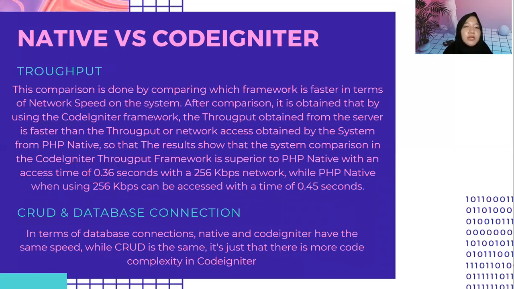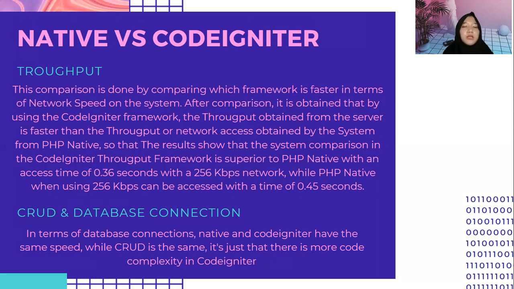Throughput. This comparison is done by comparing which framework is faster in terms of speed on the system. After comparison, it's obtained that by using the CodeIgniter framework, the throughput obtained from the server is faster than the throughput or network access obtained by the system from PHP native.